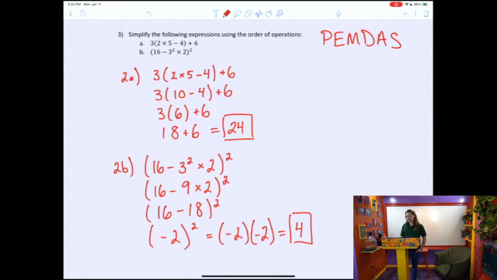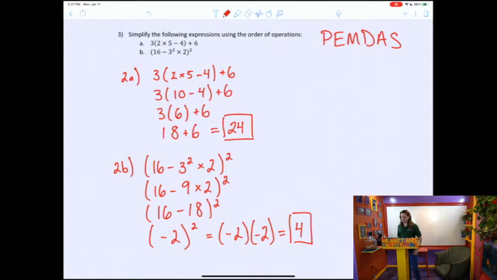Multiplication and division come first, so we're going to multiply before we subtract. 2 times 5 is 10, and then we can subtract the 4 from the 10. 10 minus 4 is 6, so that whole parentheses turns into just 6. 3 times 6 plus 6 is going to be the same thing as 18 plus 6. 18 plus 6 is 24.